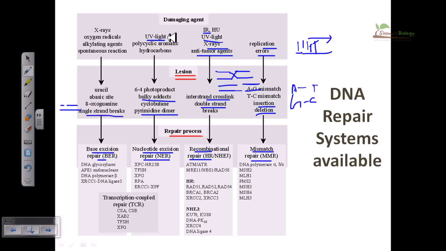There is an enzyme called photolyase which can use this photon energy to repair the thymine dimers formed in the DNA sequences, and this process is called the photoreactivation repair system in bacterial cells. We are also going to look at these mechanisms in detail. Okay, so these are the mechanisms we will be looking at.